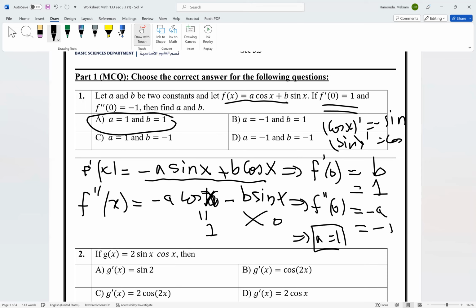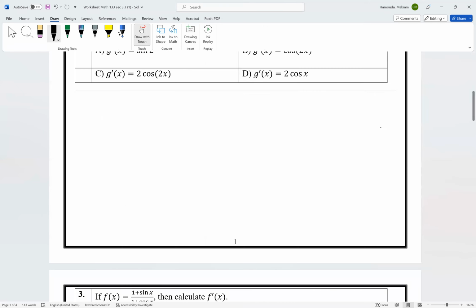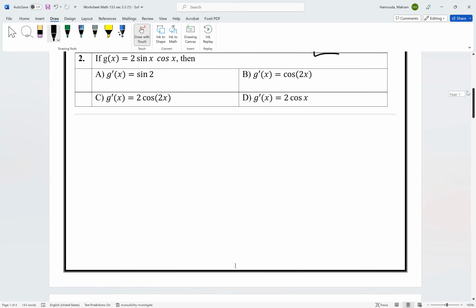Okay, next, the second MCQ. So given that g of x is equal to 2 sine multiplied by cosine, we want to find the derivative. This is an easy question. We will apply the product rule. So it's equal to 2.